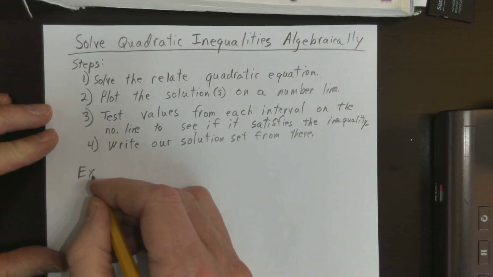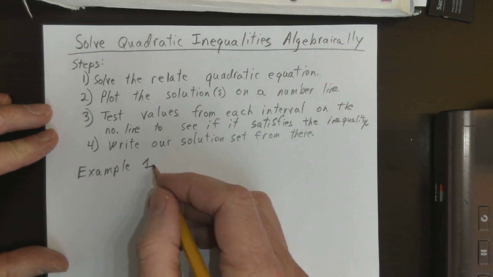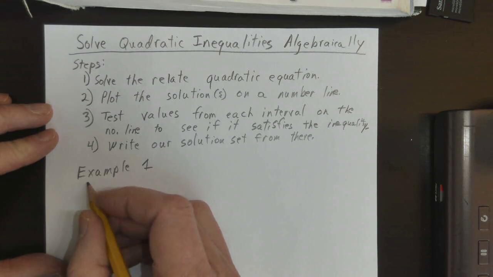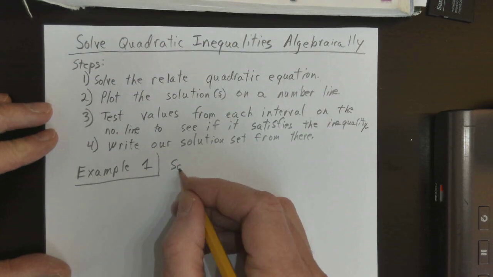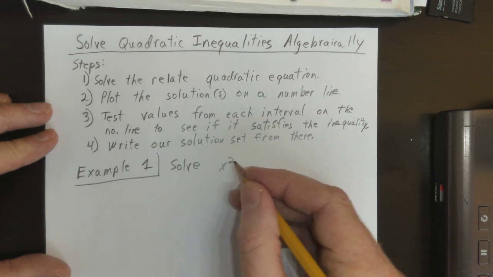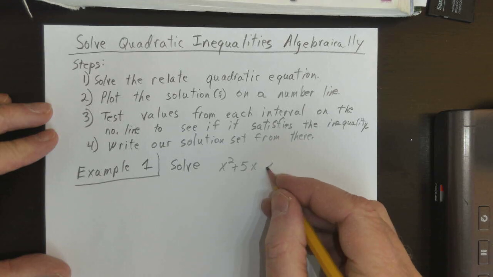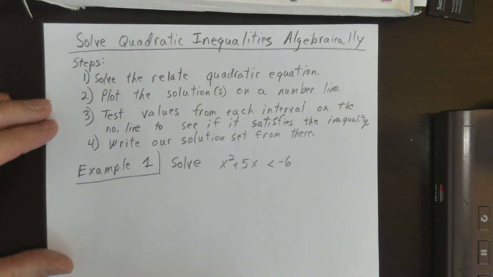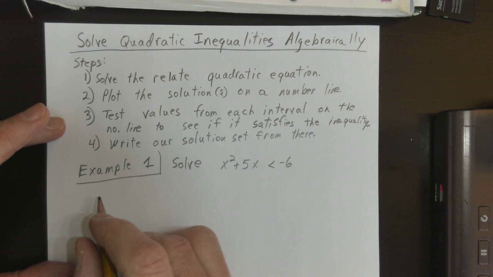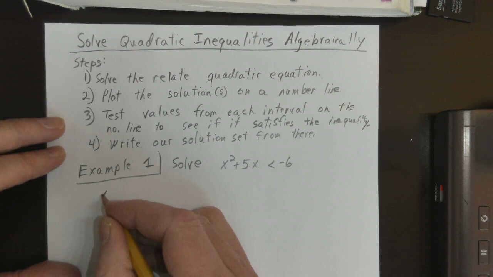Okay, so example 1. Let's solve x squared plus 5x is less than -6. We're going to first solve the related equation.